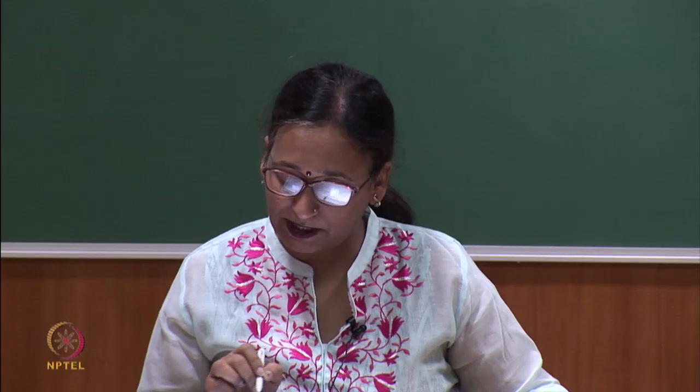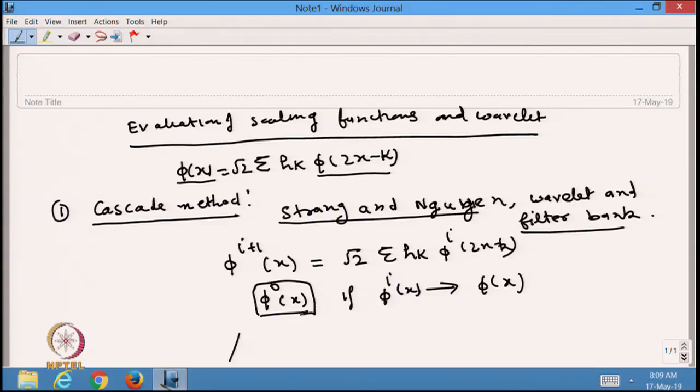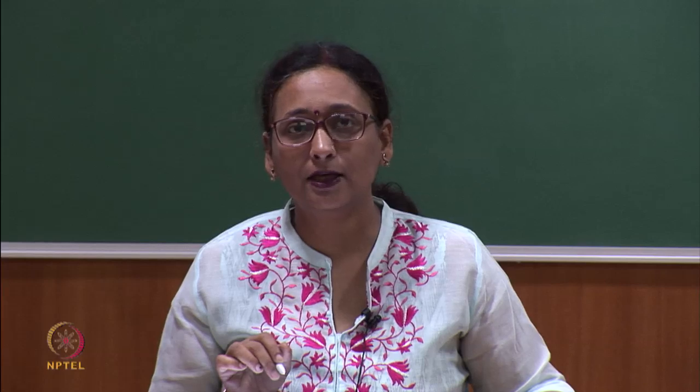So, that is the basic idea behind the cascade method: you start with some initial guess phi naught x, keep iterating this procedure, and if phi I x converges to phi x, then that will solve the dilation equation, also called the two scale relation that we have already seen in the last lecture.